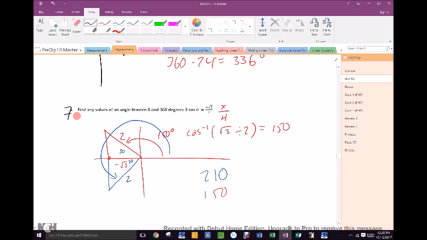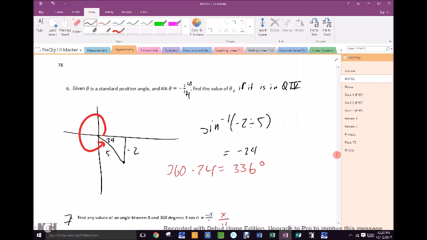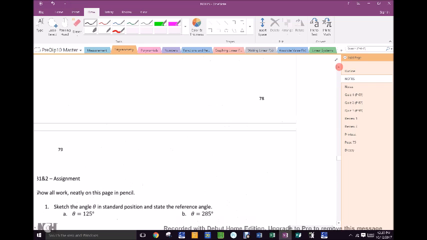Like for the last question, number 6, we got negative 1. Yes. Because you used what? Because you used sine. In number 6, we used sine, yes?